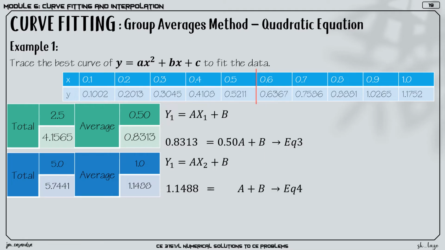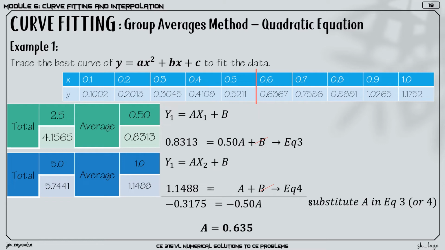So we have two equations, two unknowns. We simplify this by elimination through subtraction. We'll now have negative 0.3175 equals negative 0.5a, giving us the value of a equal to 0.635. Substituting the value of a in equation 3 or 4, we arrive at the value of b equal to 0.513.